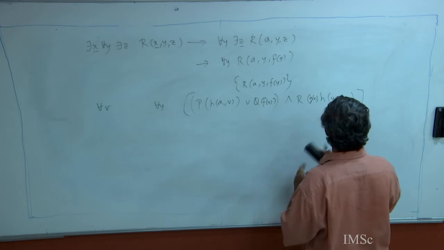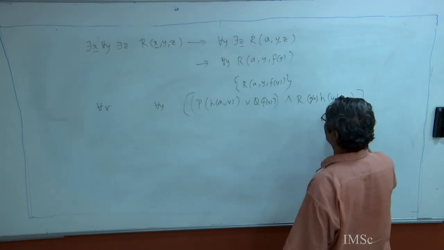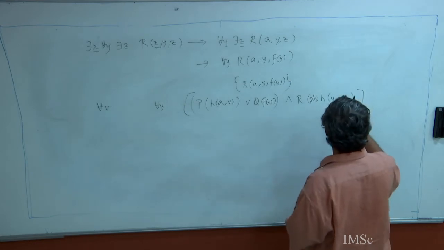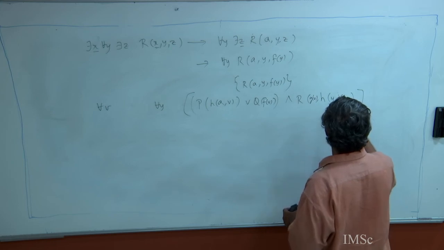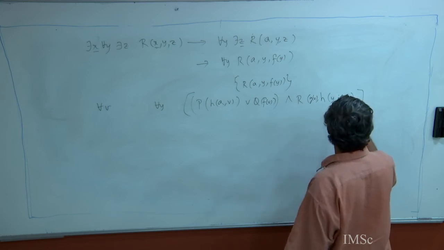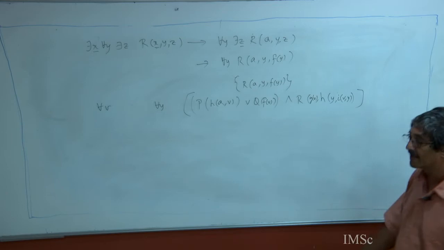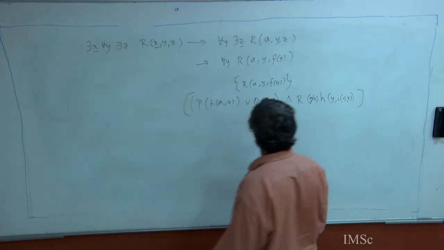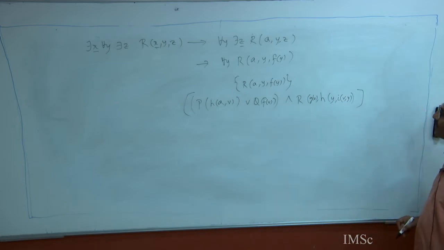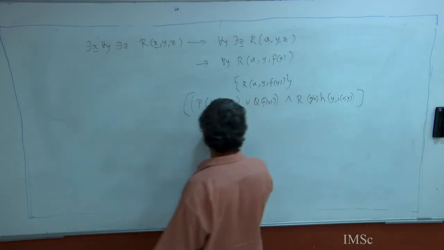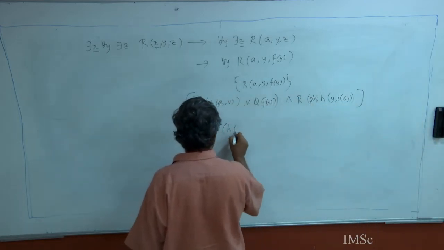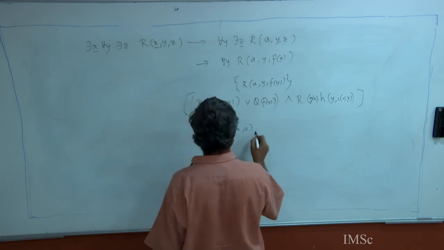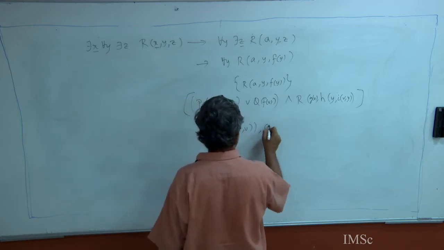So h is already used, so I of v comma y, and now I get rid of these, and this is in clausal form. So I have two clauses, one P h a v, and Q.